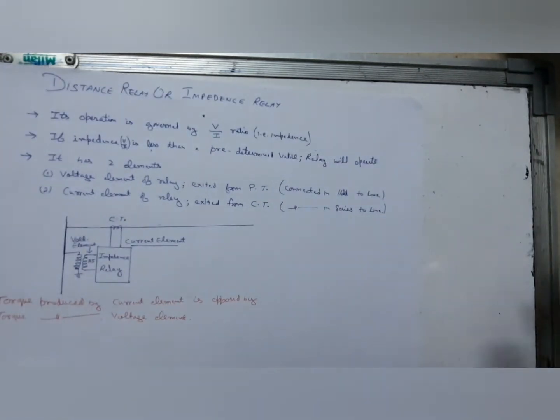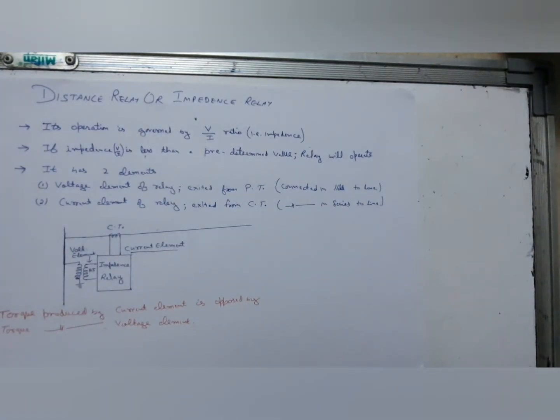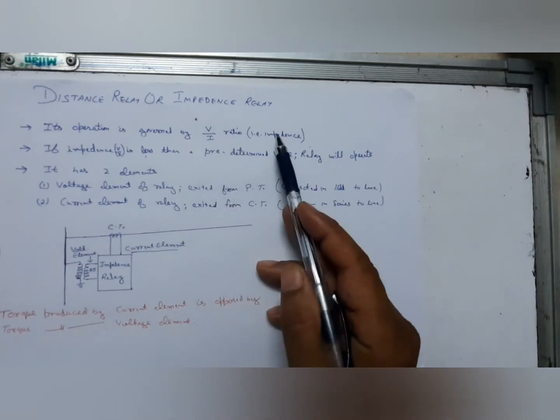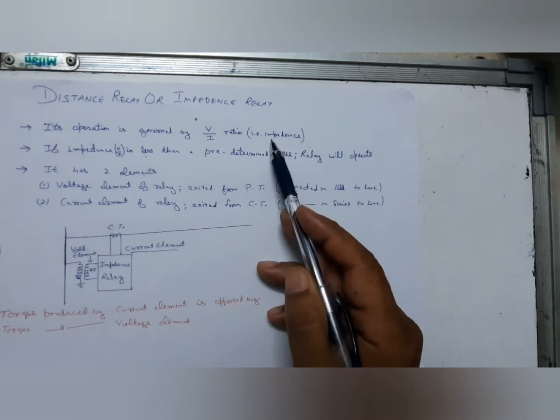So what we can make out is that this relay will operate when the impedance is less than the predetermined impedance value, because as the current is increasing, impedance will decrease. So in case the impedance is decreasing, the relay will operate.